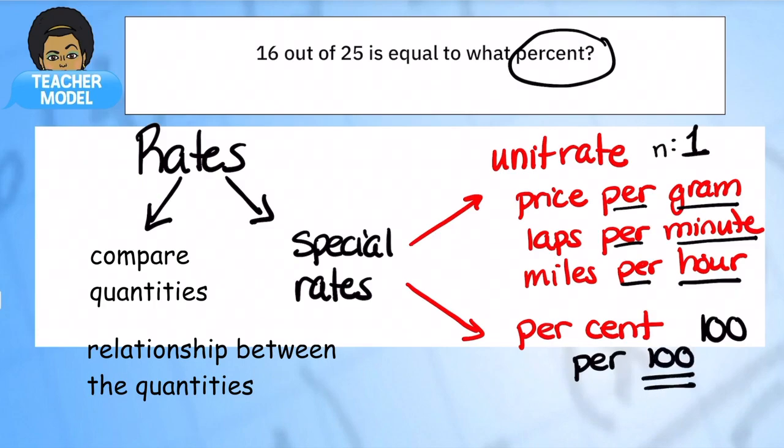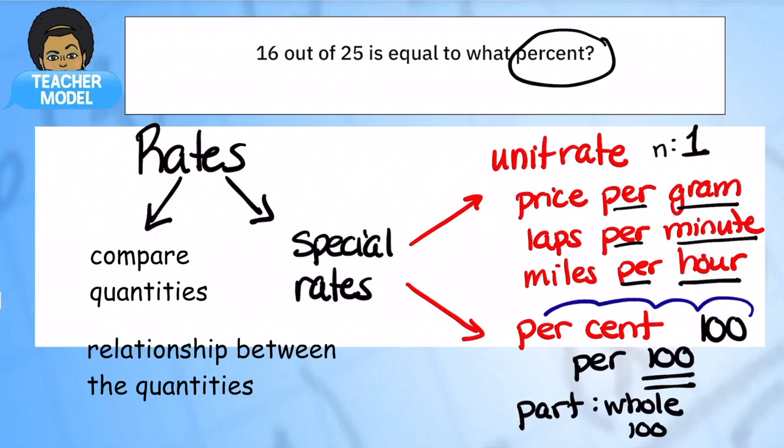And so these are really special rates represented as a part to whole. And we try to represent the whole number as 100. So that's what we're going to do today. We're going to talk about these new special rate per cents.